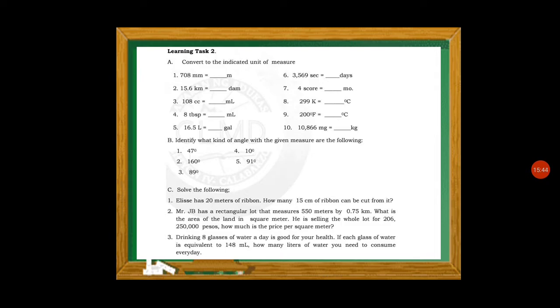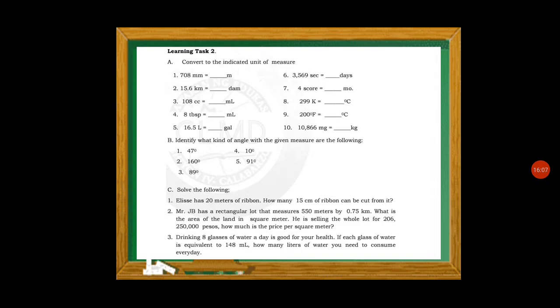Then for hours, you have to divide it by 24 because 24 hours is equal to 1 day. Then you will get the answer on how many days are there in 3,569 seconds.